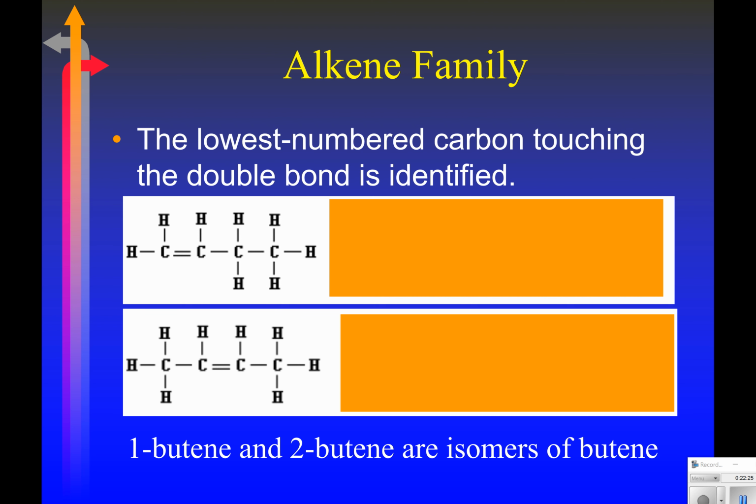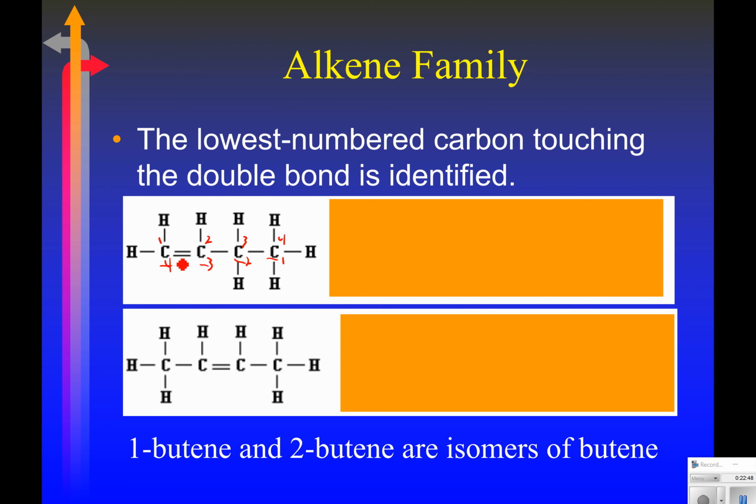Now, if we have more than 3, in the case of a 4-carbon compound or molecule, depending how we number this, this can be very different. And if we flip this around and go to the back, it's not going to be the same thing.